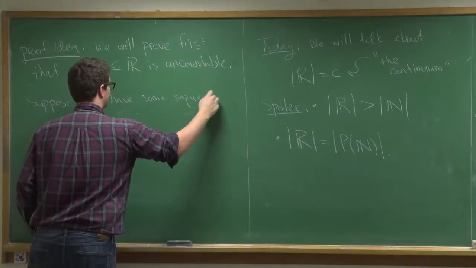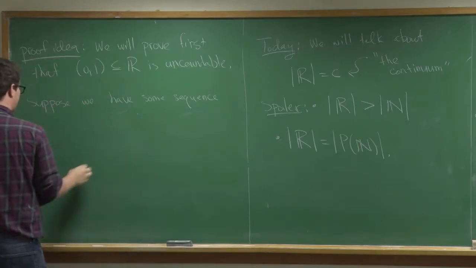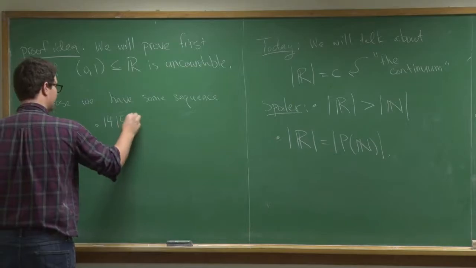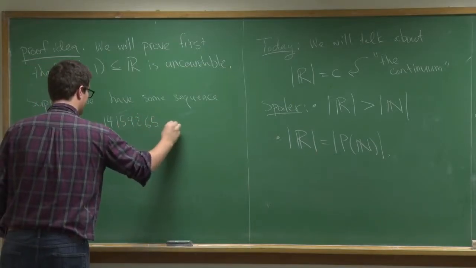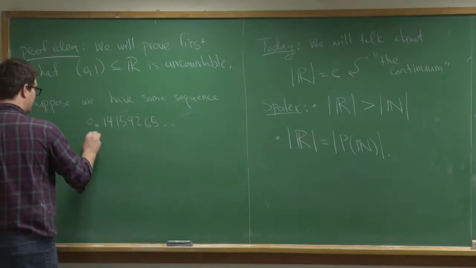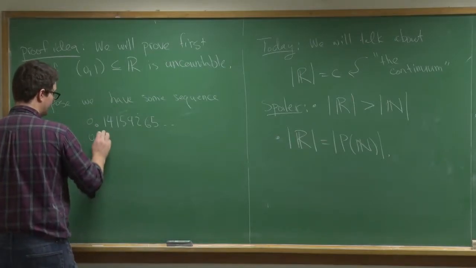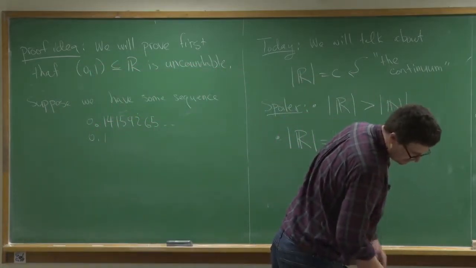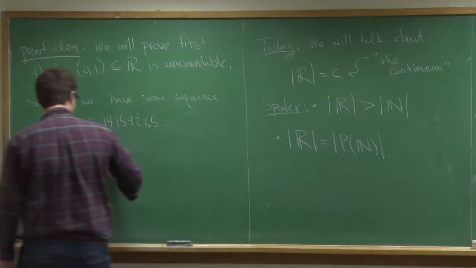Someone says, okay, well, let's take these numbers, 1, 4, 1, 5. This is the truncation of pi. So 0. Then you could do a third.